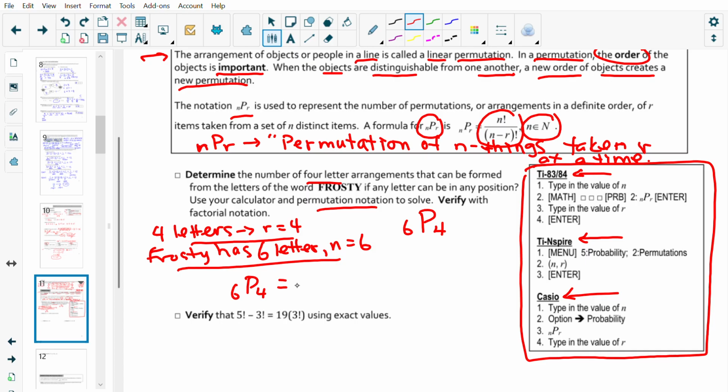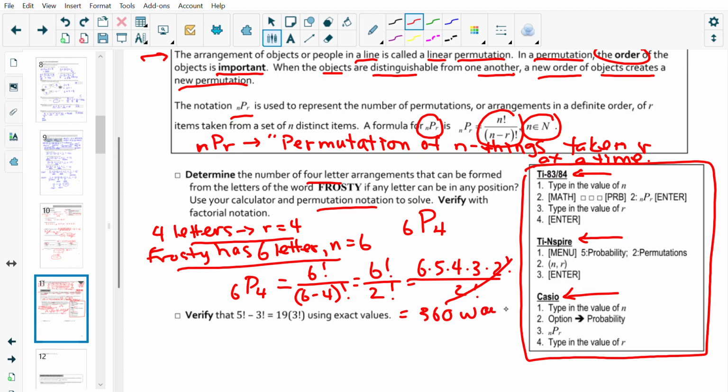So that equals 6 factorial over 6 minus 4 factorial. That's 6 factorial over 2 factorial. Okay, I can cancel that, and I'm getting 360 ways. Note that you can just punch this straight into your calculator, and you will get 360.